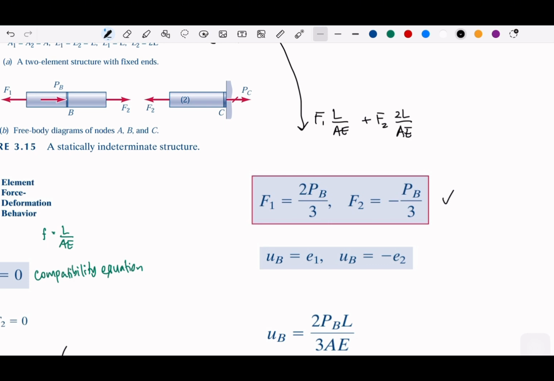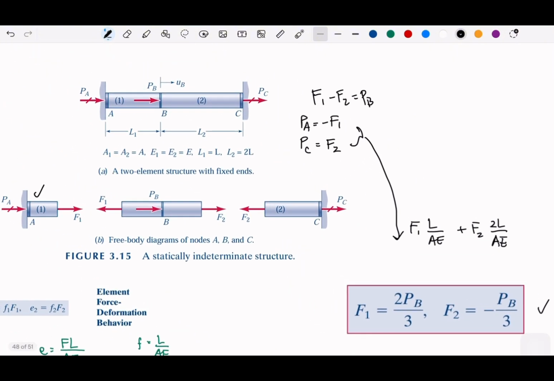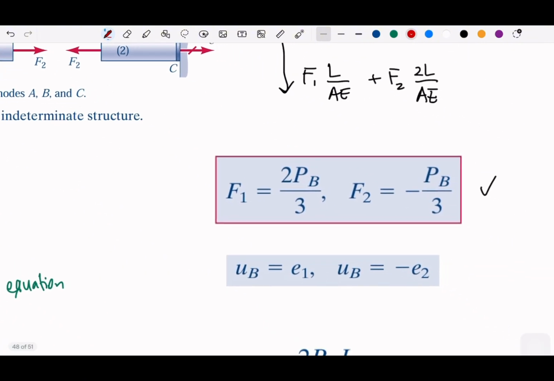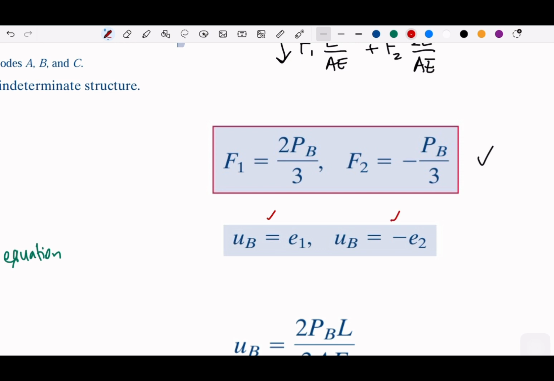Then we take the assumption that the total elongation will be 0. So we can see the UB here. If we assume UB is moving towards the right, which means this one will be positive and this one will be negative, that's why we take this positive and this negative as our assumptions.